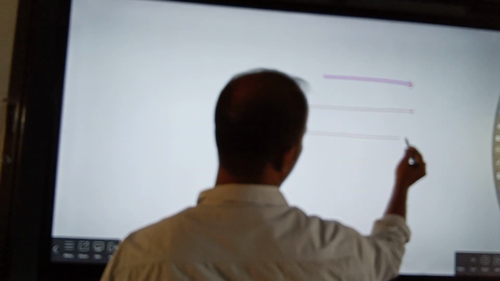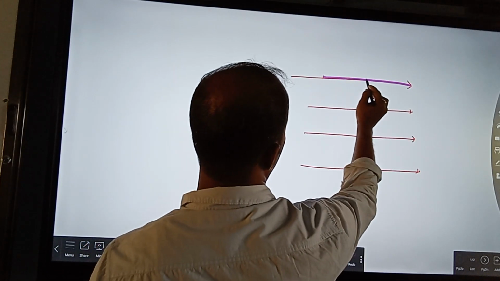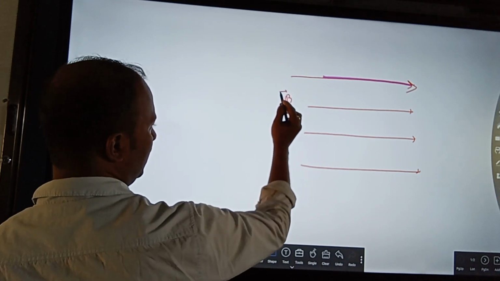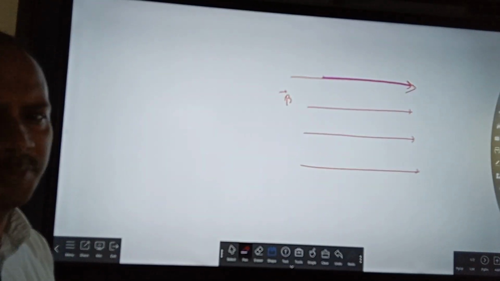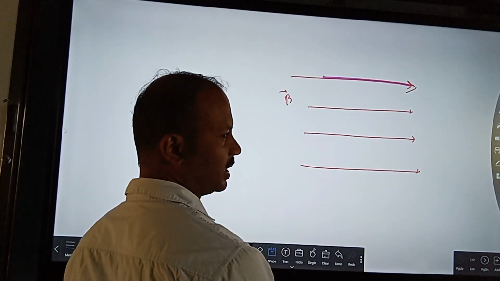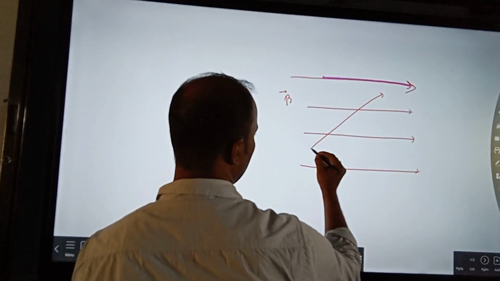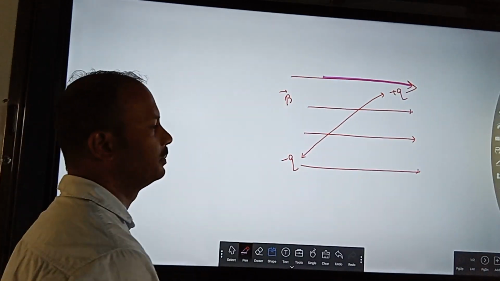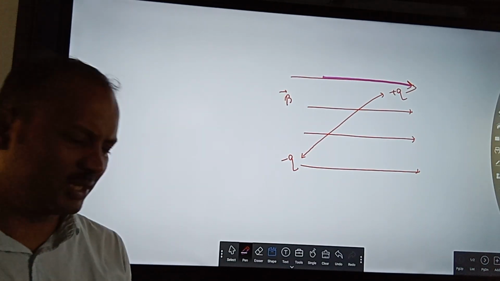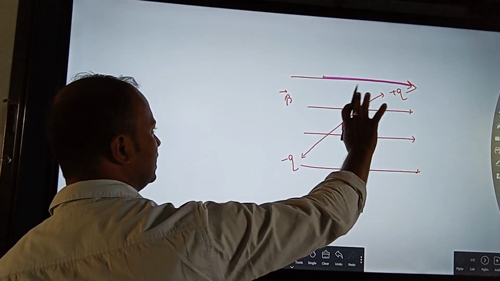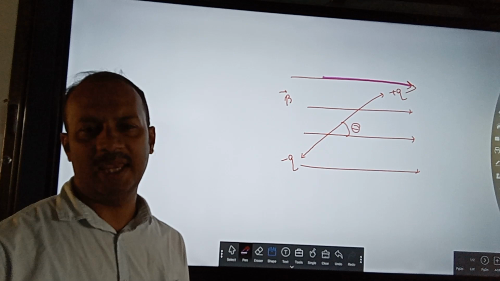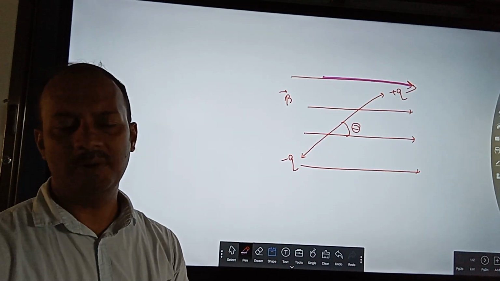This is a uniform magnetic field, denoted by B. In this uniform magnetic field, we place two charged particles, one charge minus Q and another charge plus Q. Assume this dipole makes an angle theta with the uniform magnetic field.